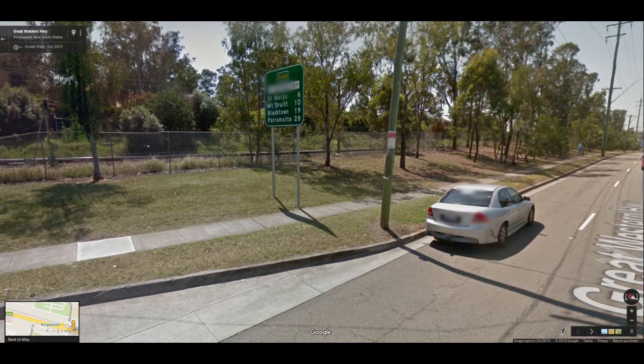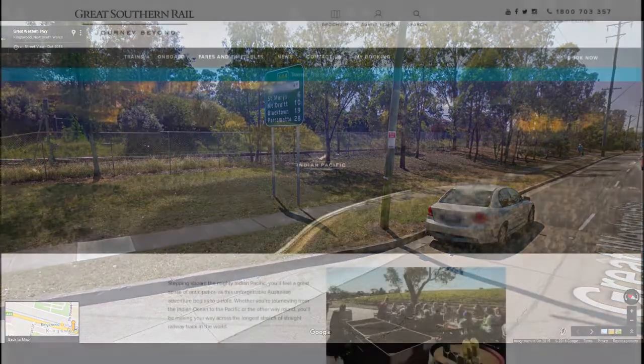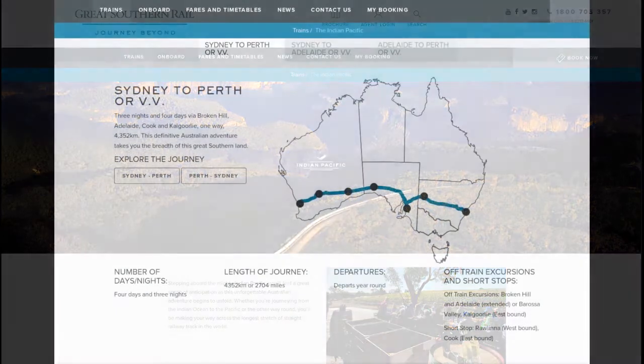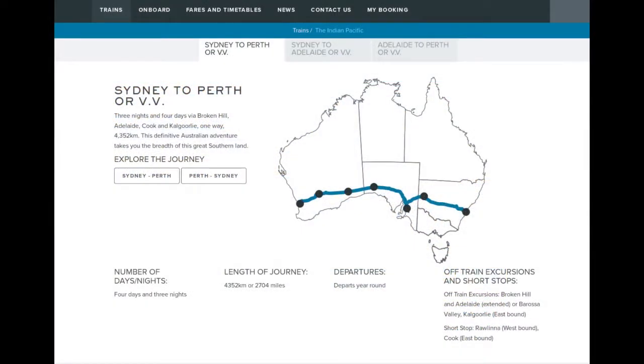I don't know why I never thought of this before, but I would like to introduce to you what could be the key to unlocking Australia, and that is the Indian Pacific Railroad. Now, the great thing about this railroad is that it's the southernmost railroad in the world.